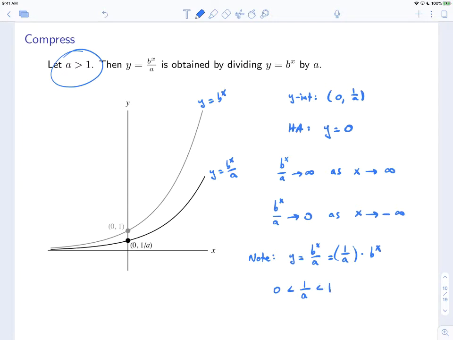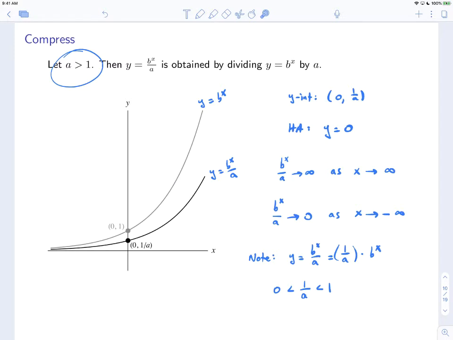So this case where you're dividing by some number a bigger than 1 is the same as multiplying by some constant which is between 0 and 1. So that's why we didn't write that case down separately.